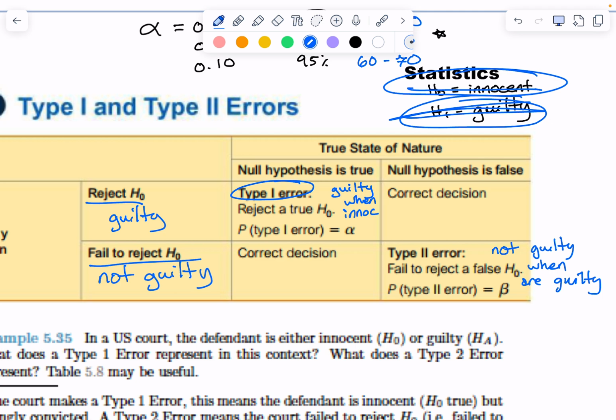All right. If we're talking murder, which would you rather have? If you put somebody into prison when they're actually innocent for murder, would you rather that thing happen? Or would you rather a murderer go free? Guilty until proven innocent.